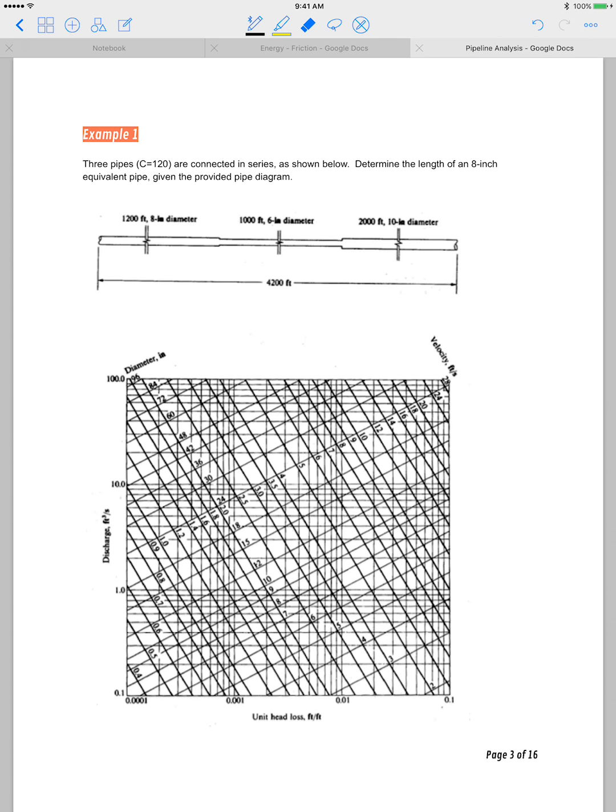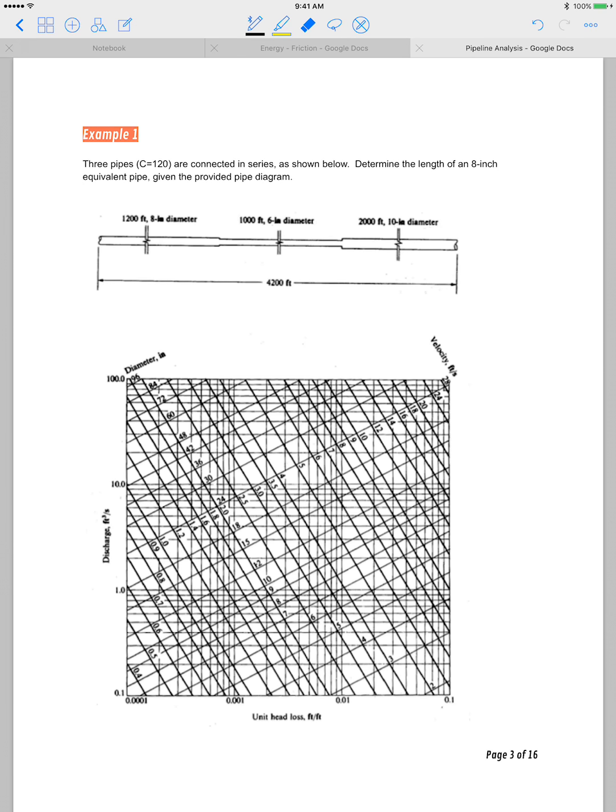We have this diagram here, which shows at varying diameters, we have head loss amount represented in feet per foot of pipe at that diameter. And we have varying discharges and velocities.